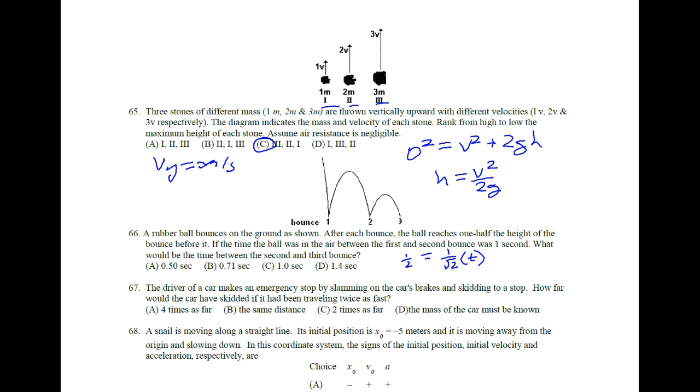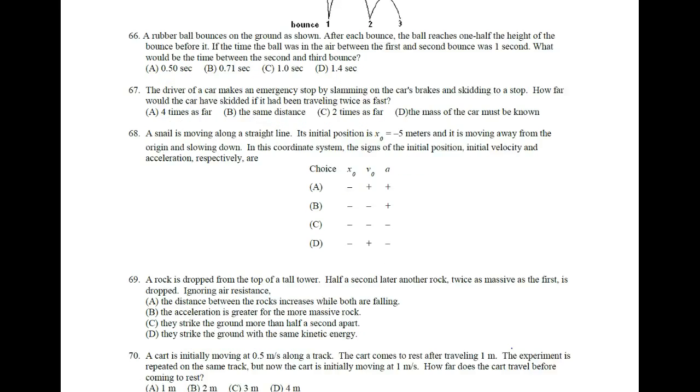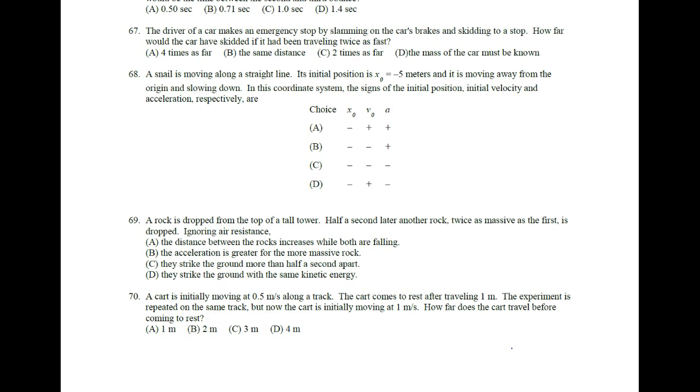For the next one, number 67, let's move this down a little bit. For number 67, your answer should be letter A, because we know your final velocity is 0.